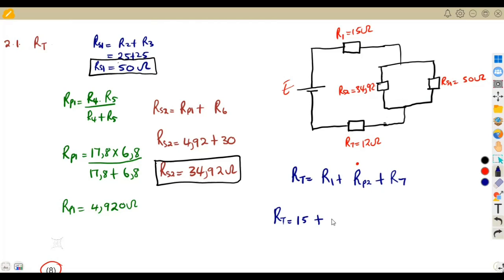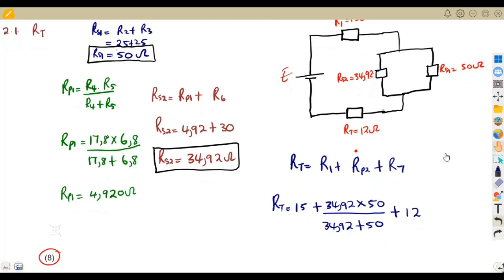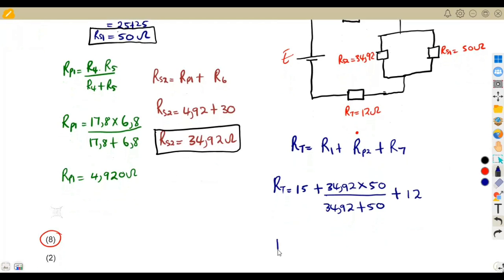So you're going to multiply 34.92 by 50, everything over 34.92 plus 50. All right, so we apply the product over sum concept. After that, this part is branching, going to the 12 ohm resistor also in series. So you're going to add your 12 ohm resistor also there, which is in series. So this gives us the total resistance of our circuit.